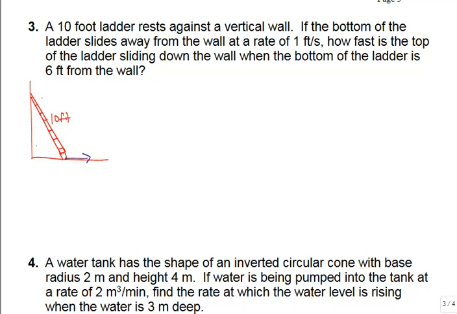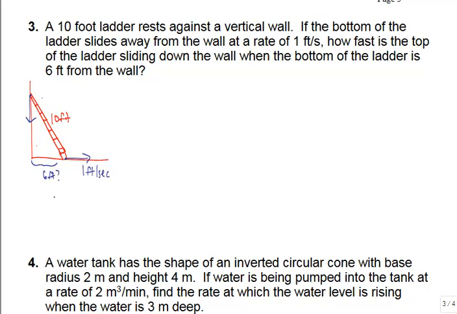So it's sliding this way at 1 foot per second. And that causes the top of the ladder up here to slide down the wall. And we want to know how fast it's sliding down the wall when the bottom of the ladder is 6 feet from the wall. So when this distance right here is 6.